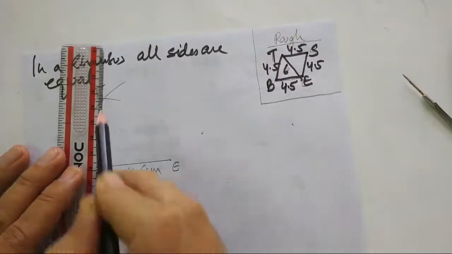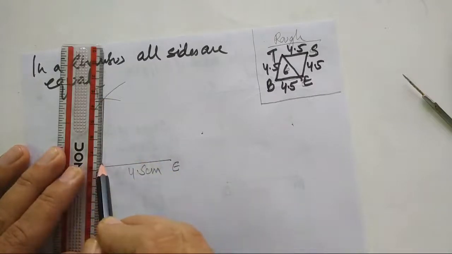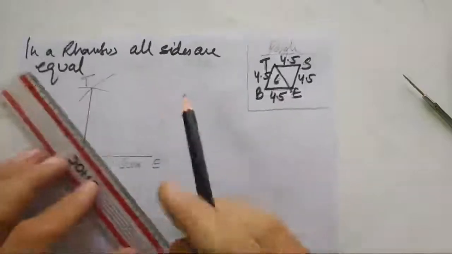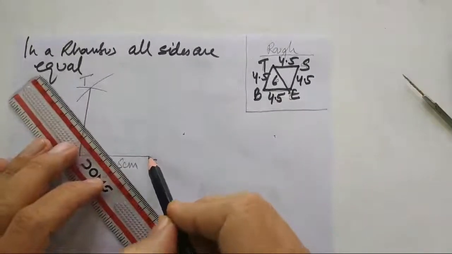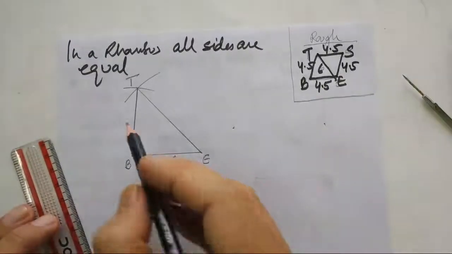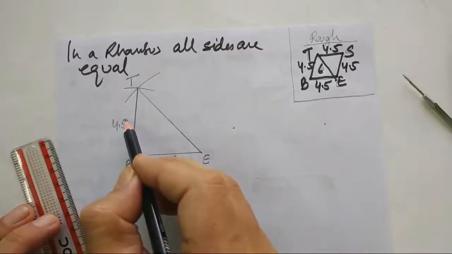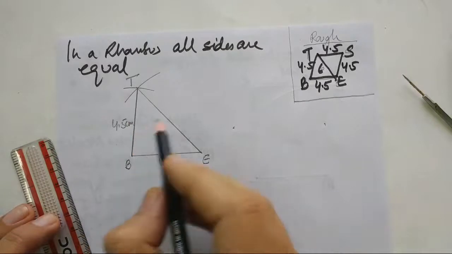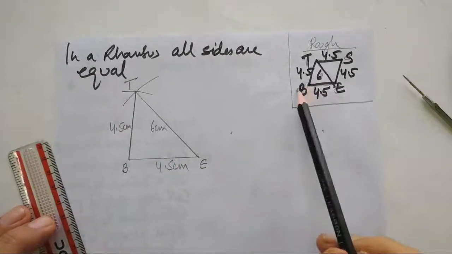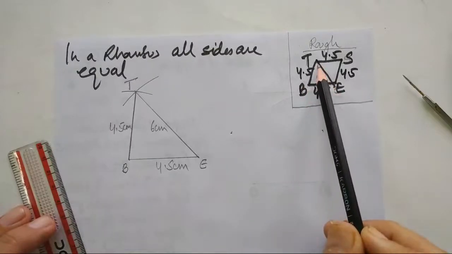Now when you connect, the point should be connected at the right place. So this point will be connected to B and this line will be drawn to T. So the figure is made with 4.5 centimeters here. Labelling is very important. And 6 centimeters. So we have made this part of the figure.